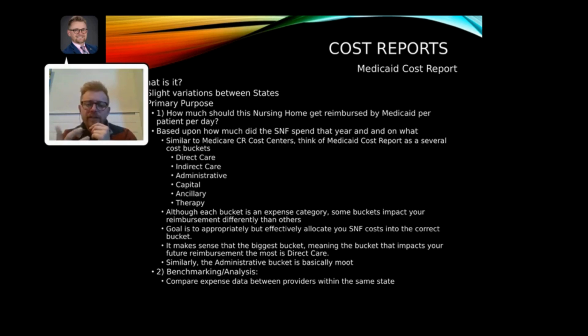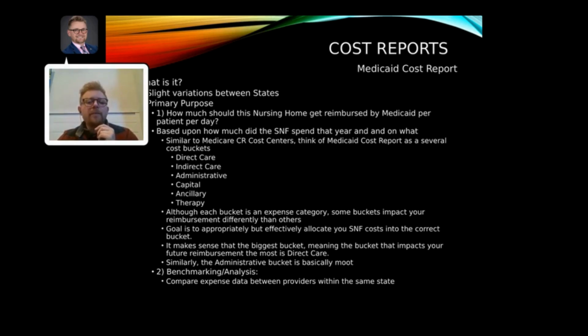I want you to think of these components as buckets, okay? You have a direct care bucket, an indirect care bucket, administrative, capital, ancillary, therapy. Those are the expense buckets that categorize that Medicaid cost report.